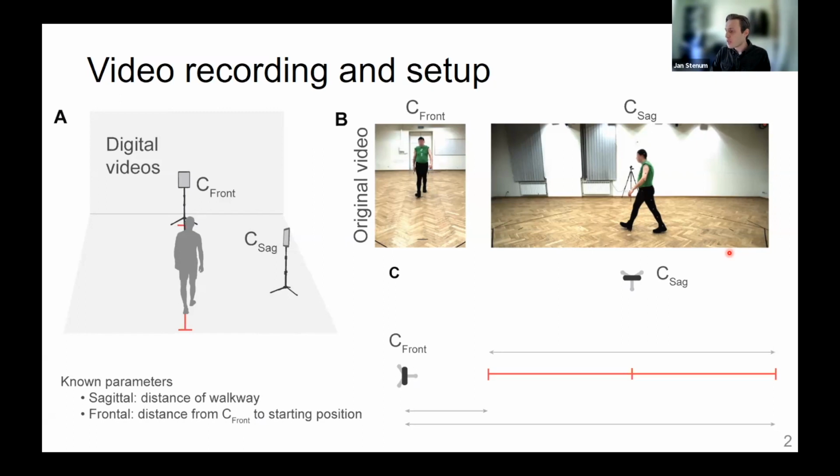For the frontal plane workflow, you would need the distance from the camera to either the start or the end of the walking trial, as shown by one of these two arrows down here.